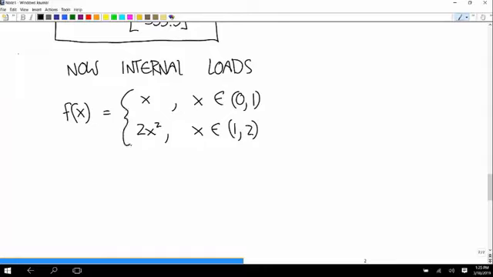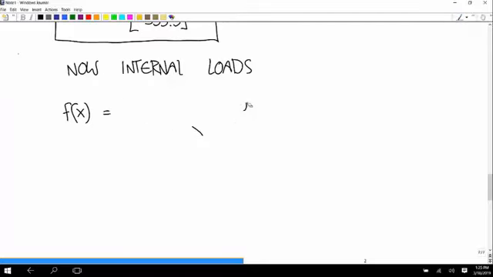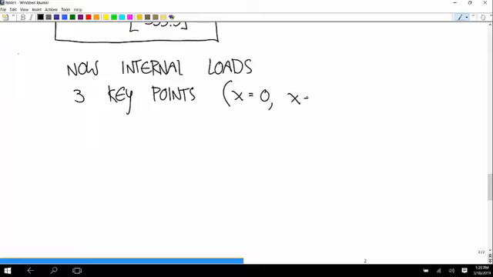We're just going to break up this domain x into pieces. So there are 3 key points, and those are at x equals 0, x equals 1, and x equals 2.